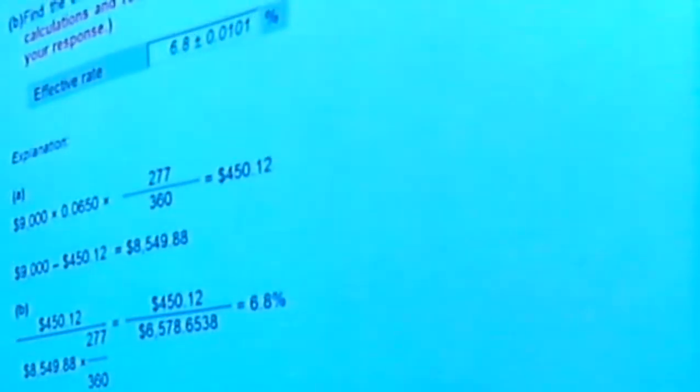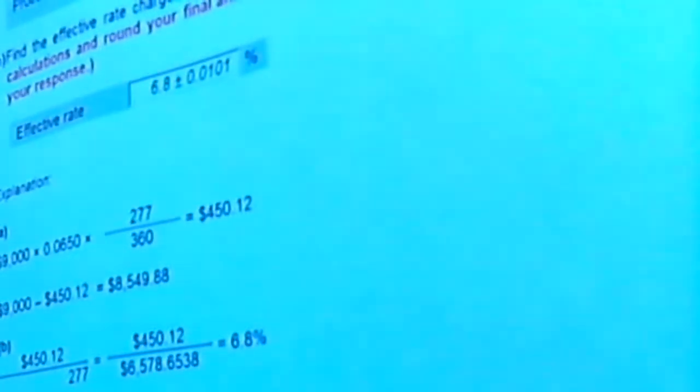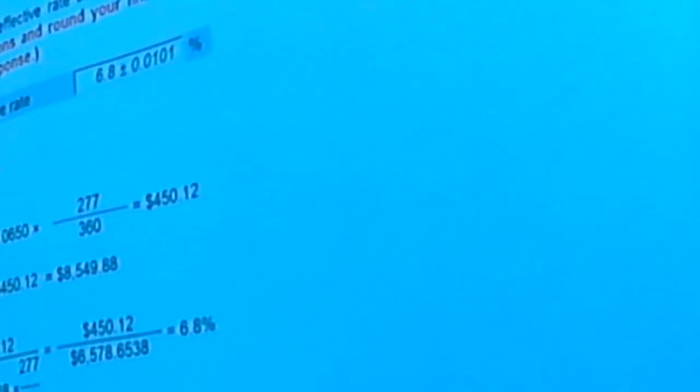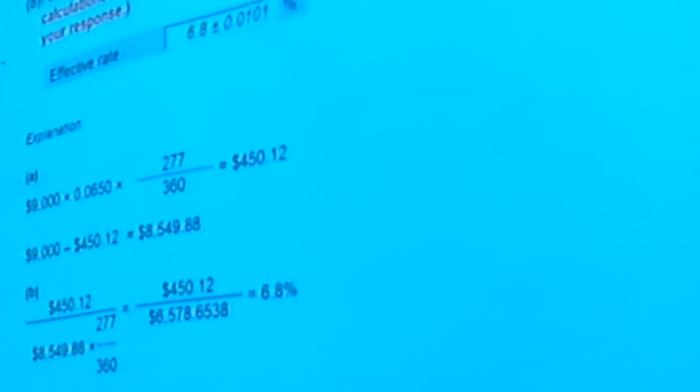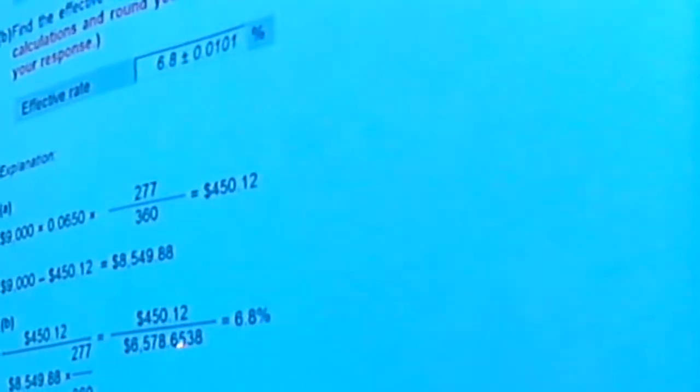I got confused. What's wrong? Oh, okay. Yeah, it's just an extra step at the bottom in B. They're just showing the extra division part. They just worked out the bottom, this part is the result of this. And then they're just dividing it.